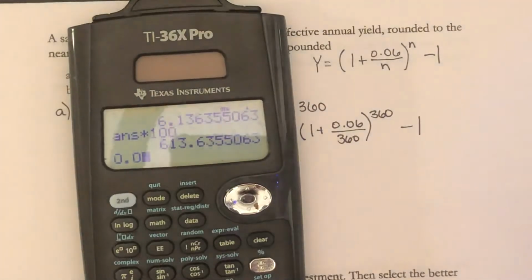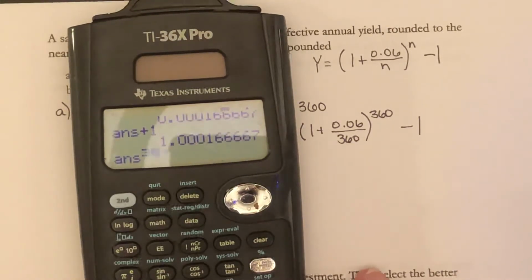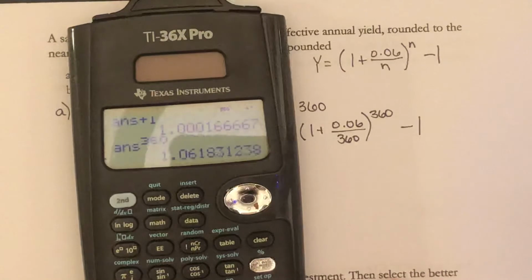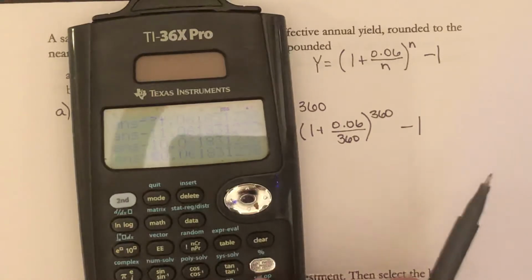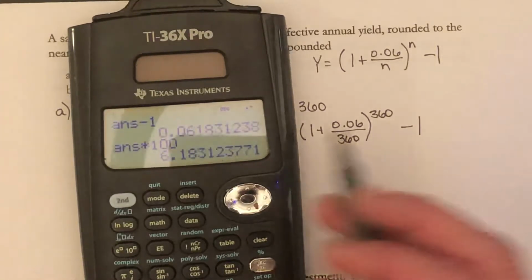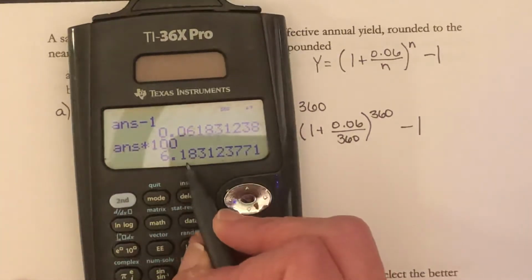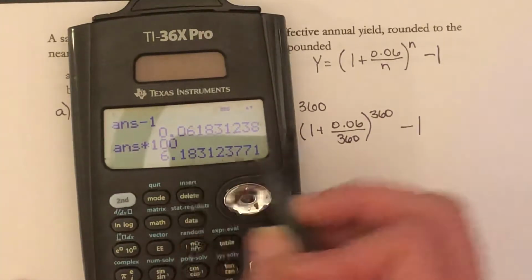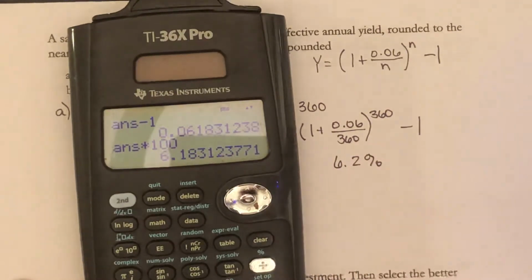So 0.06 divided by 360 plus 1, raise that to the 360th power, and then subtract 1. And we want to convert it to a percentage, so either move your decimal place or multiply by 100. We're supposed to round to the nearest tenth. That's an 8, so that's going to become a 2. This is 6.2% yield.